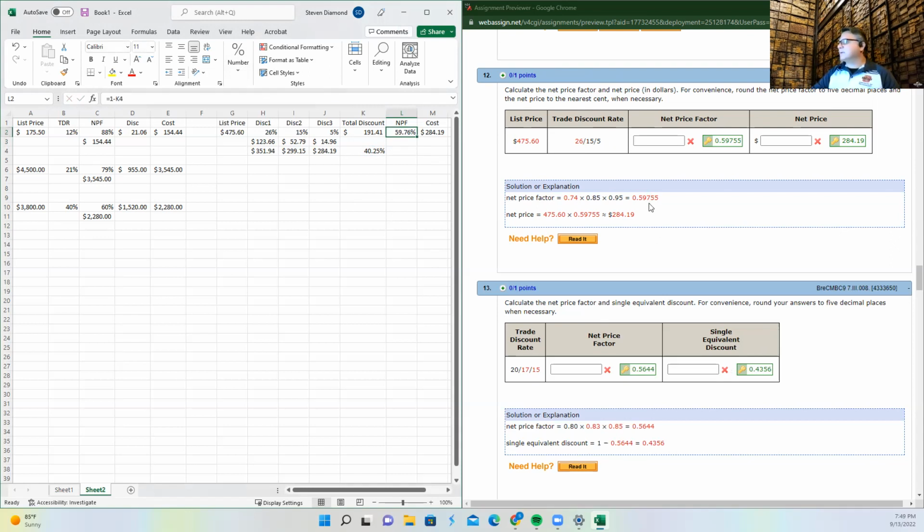And they went 3 places, so we can do that as well. Okay, to kind of follow along with what they do here. And what did I say? If we take our net price factor and multiply it times our list price, we should be getting that right there.